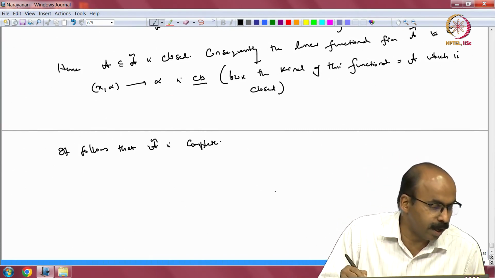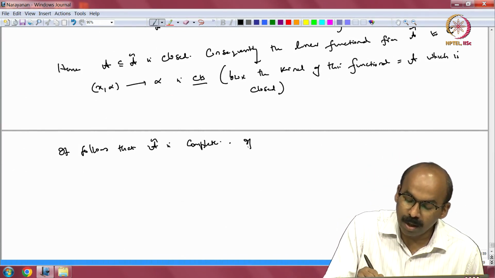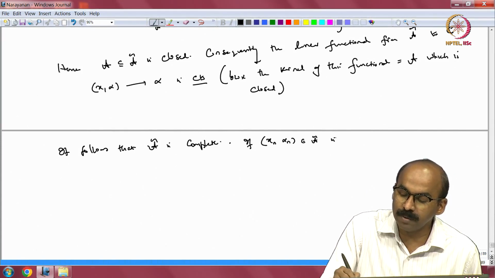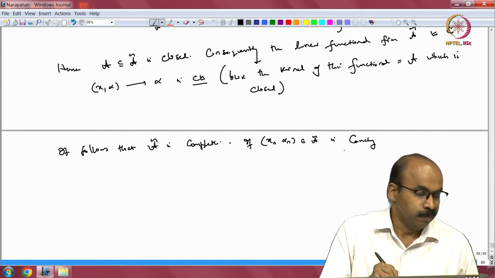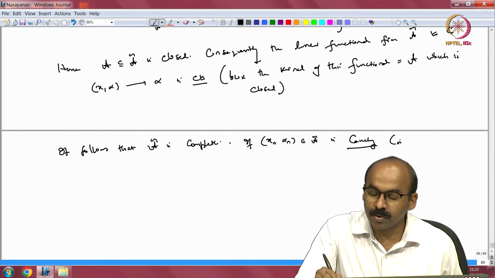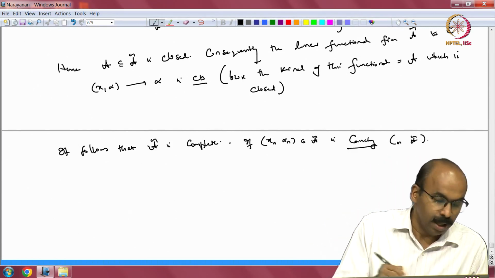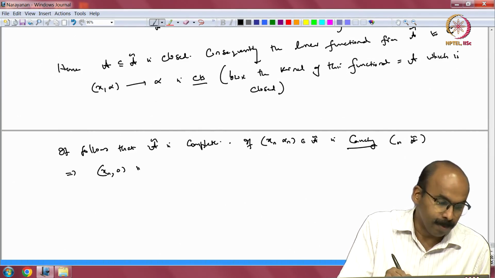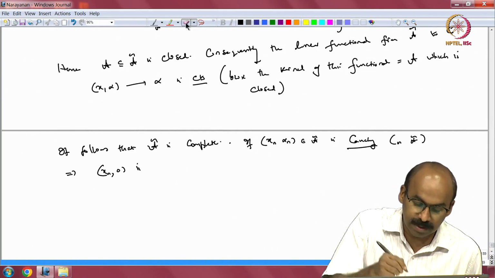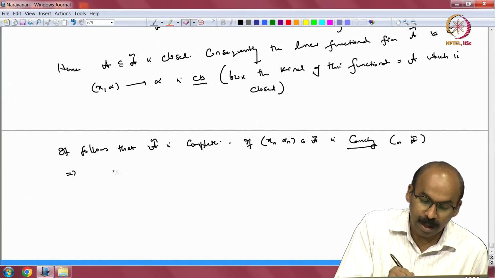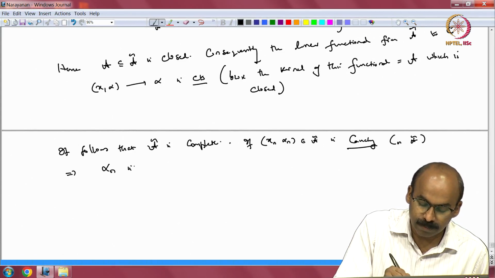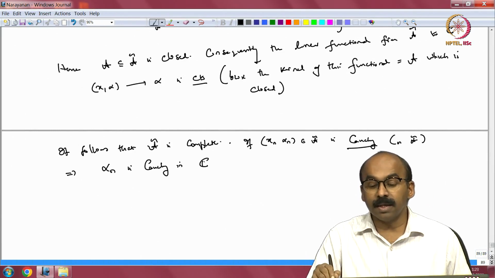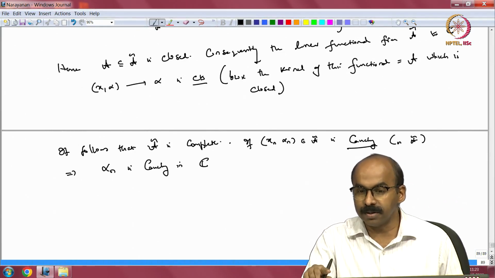But let us write down the argument. So, if (x_n, alpha_n) in A tilde is Cauchy in A tilde, then, before that, alpha_n itself is Cauchy in C, because (x_n, alpha_n) is mapped to alpha_n by the continuous linear functional.